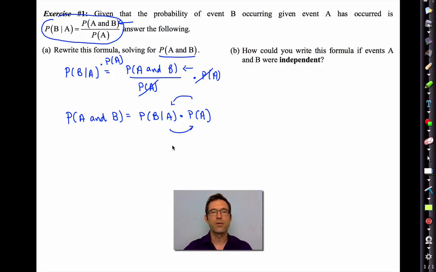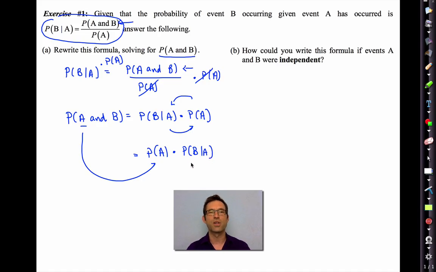It doesn't really matter. In fact, it may make more sense, given the way it's written with A first, to say the probability of A and B occurring would be the probability of A occurring times the probability of B occurring given that A has already occurred. All right, that kind of implies an order. A's got to come first, B's got to come second, which isn't the case.